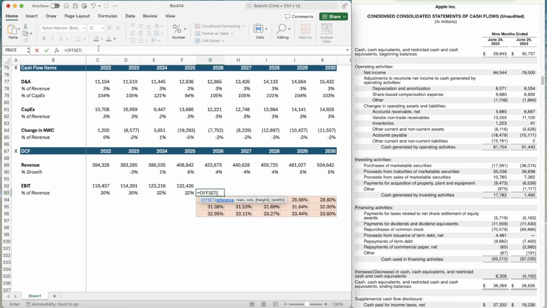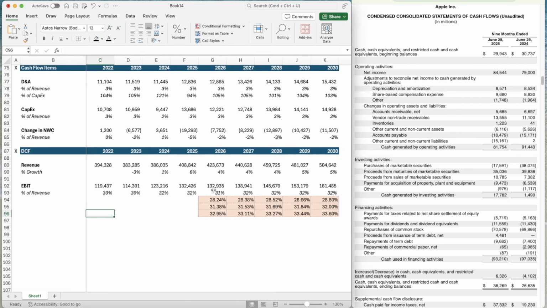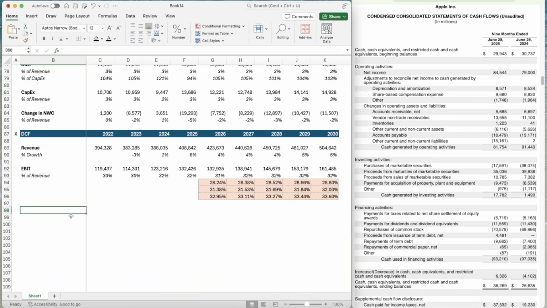The cell that we're in, G93, lock in, but C16, comma 0. Then we do the revenue multiplied by the EBIT margin to forecast what it's going to be over the next few years. So yeah, that looks good. And now we've set up our switch so we can toggle with the EBIT margin, sorry, or the EBIT generated.